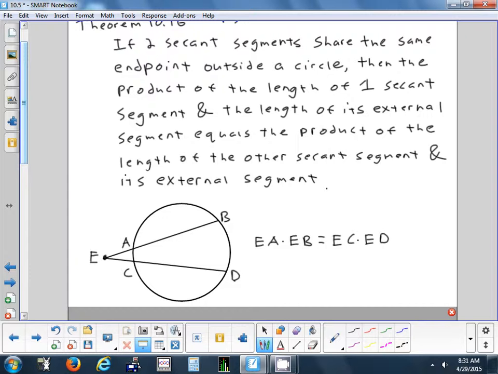So the length of the external part times the entire length equals the length of the other external part times the entire length. That's the theorem. If you'd like it a little bit more formal, that's what I wrote in words. But that's the picture.